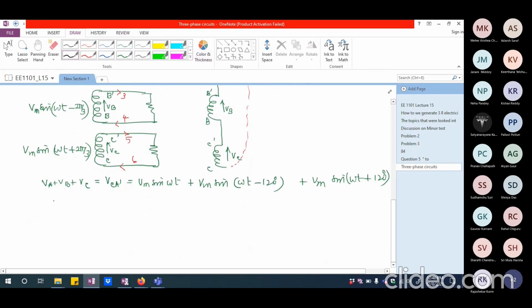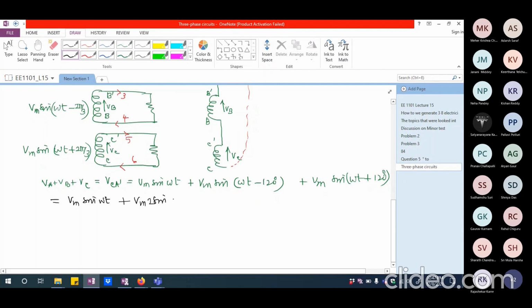So let's try to calculate this. Sine of A minus B plus sine of A plus B will be 2 sine A cos B.